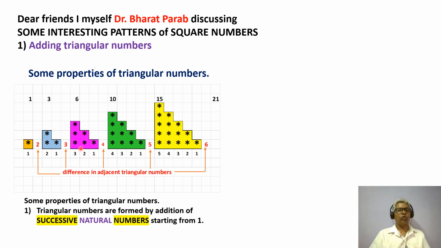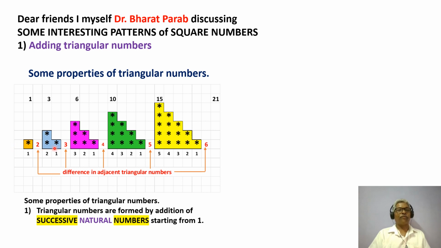Another is 1 plus 2 plus 3, then 1 plus 2 plus 3 plus 4, then 1 plus 2 plus 3 plus 4 plus 5. Next will be 1 plus 2 plus 3 and so on till 6. This is one property of triangular numbers, that triangular numbers are formed by addition of successive natural numbers starting from 1.